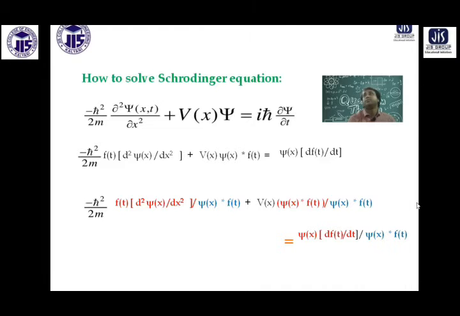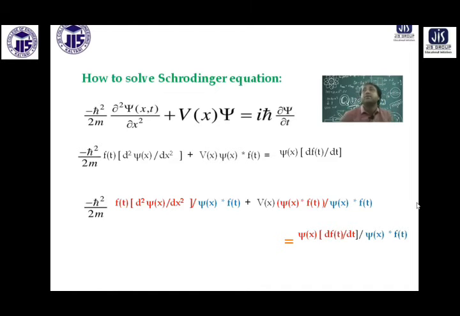See the form of the equation, whatever I told you: minus h cut square by 2m d2 psi dx2 has been replaced there with f of t d2 psi dx2, exact derivative. Vx psi x means Vx psi x f of t, and on the right hand side psi x is in front, that is df dt. Now if you divide everything by that, it becomes like this.